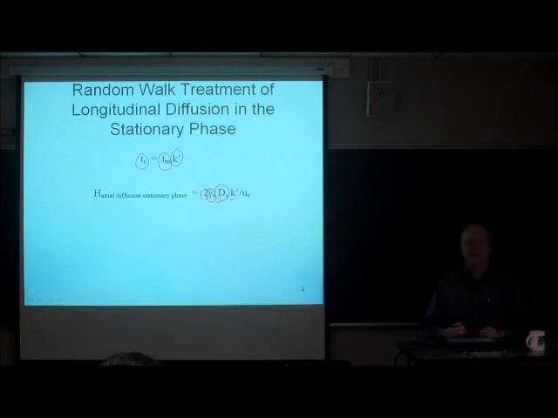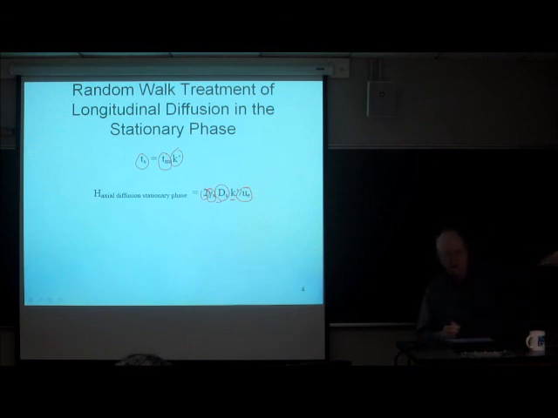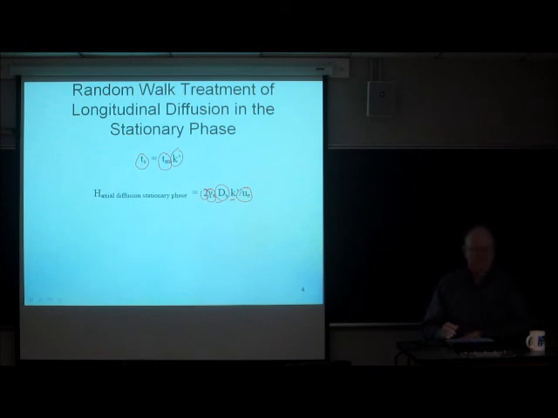And we have our retention factor, and we then have our inverse dependence on velocity, because L over u sub e is t sub m. Then we convert the sigma squared to an H. We take sigma squared, divide by L, so that L has been divided out. And it's still an inverse dependence on the velocity, so it's still a B term.